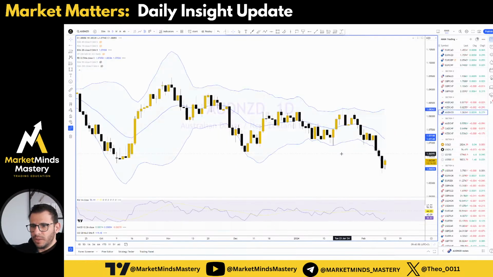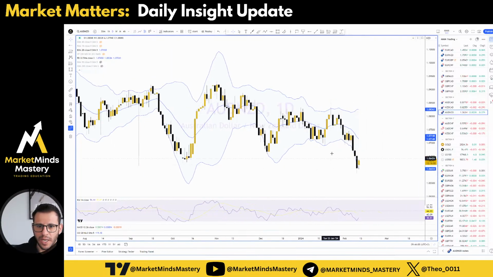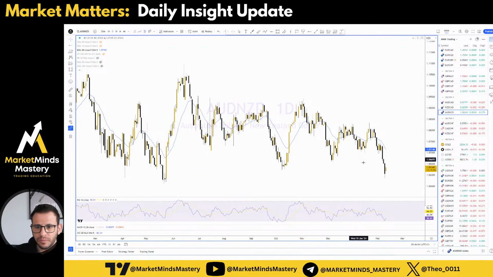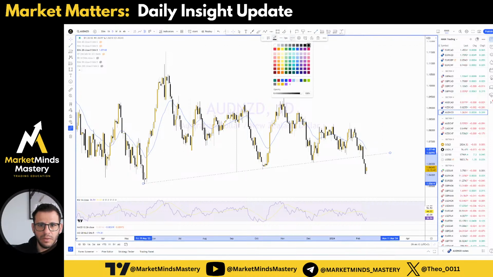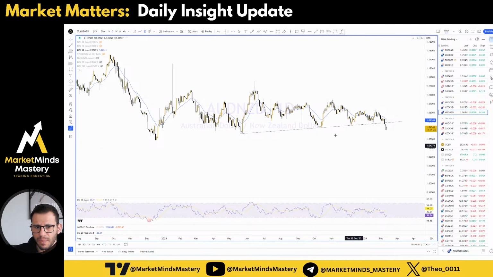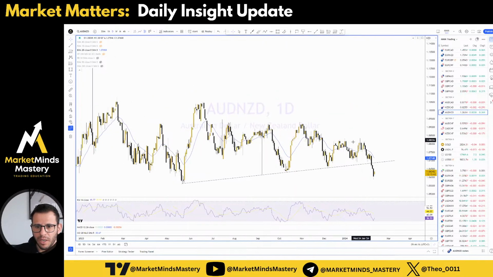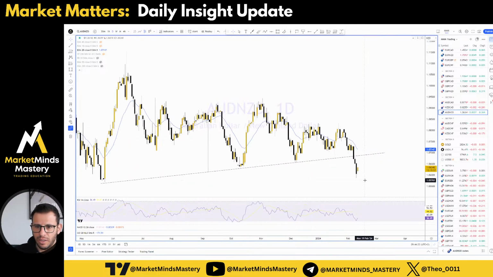Australian dollar, New Zealand on Friday. Let's get rid of the Bollinger. So on Friday, the market broke below this area of support, this upward trend line, and is hitting lower.